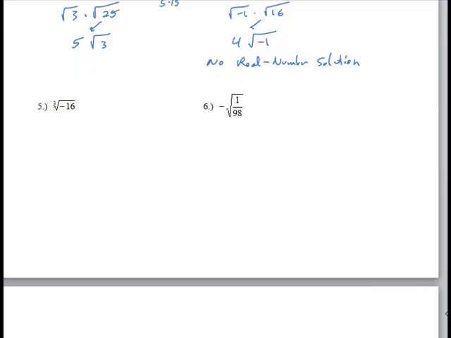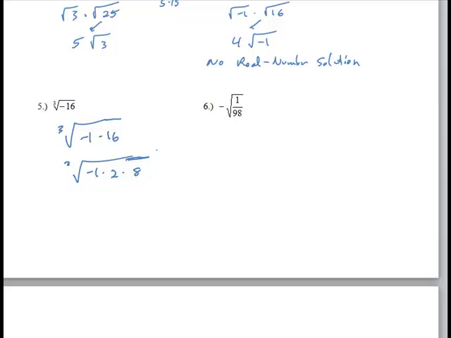Example 5, the cube root of negative 16. This one does have a real number solution. The index is odd, so we can rewrite that as negative 1 times 16. 16 is not a perfect cube, but it does have a factor. We can rewrite that as 2 times 8. So break up negative 16 into 3 factors, negative 1 times 2 times 8, allowing us to take the cube root of each individual factor.